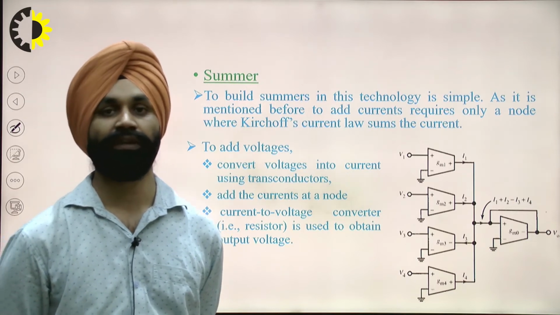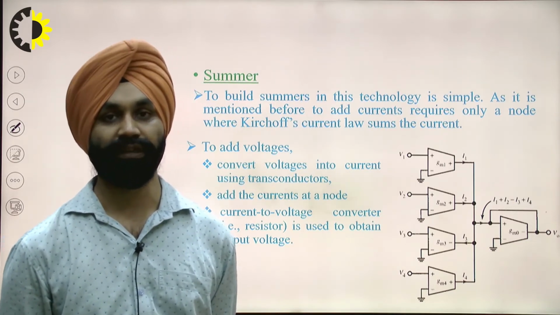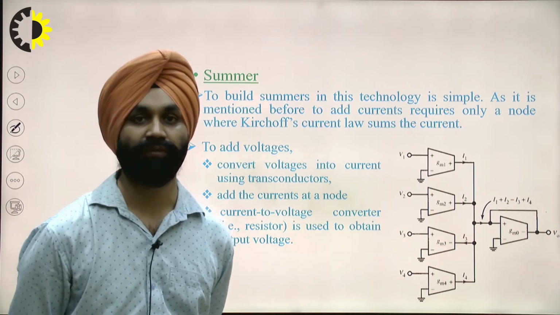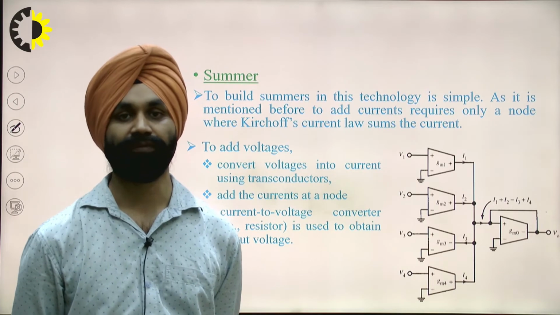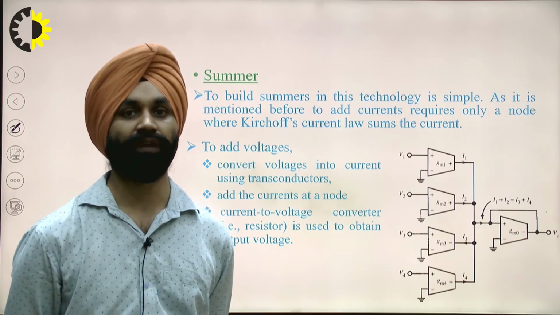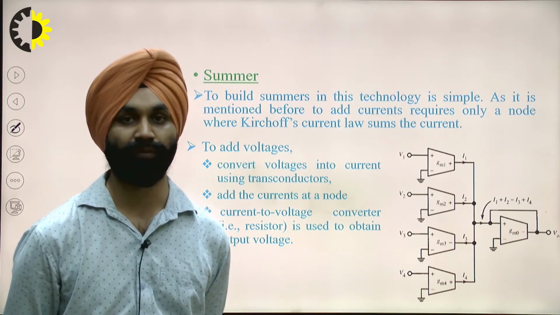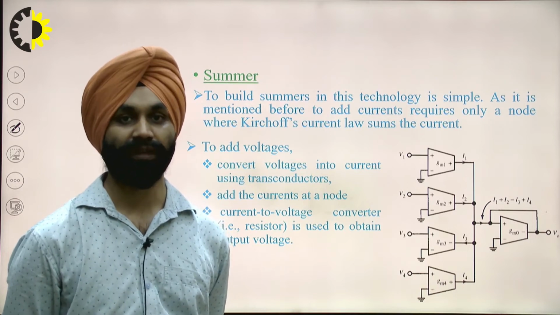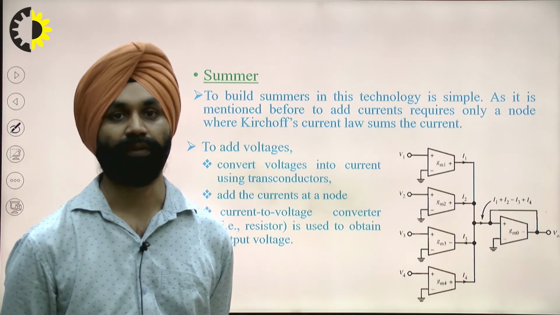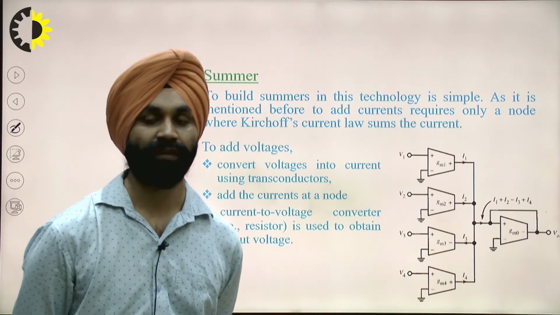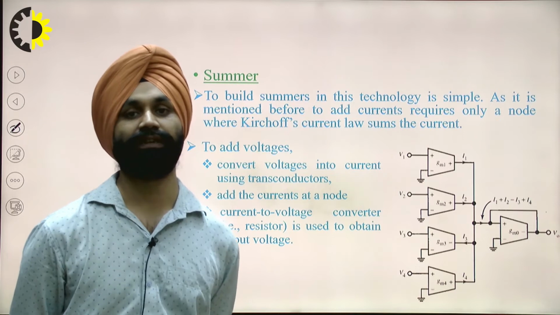So if I have different inputs V1, V2, V3, then we can have an output which is equal to V1 plus V2 plus V3 and so on. Or if we have currents I1 plus I2 plus I3, then the sum of all the currents will be the output.